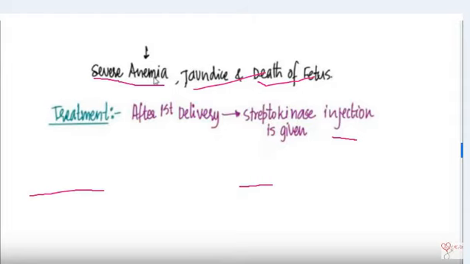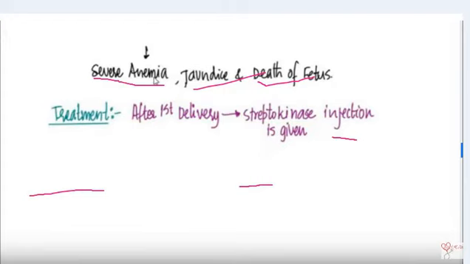Now I am going to give a complete overview of this clinical feature of blood group, that is erythroblastosis fetalis. First of all, what happens if the mother's blood group is Rh negative and the fetal blood group is Rh positive? The mother starts producing antibody against the Rh positive blood of the fetus.